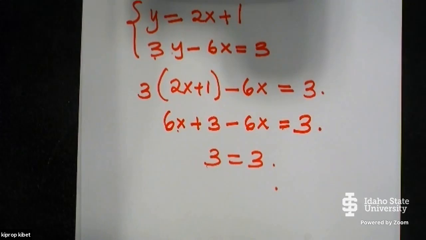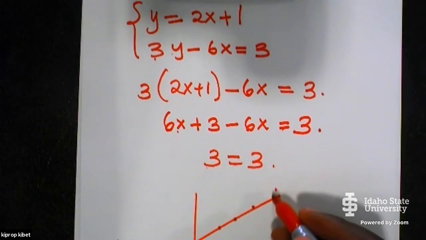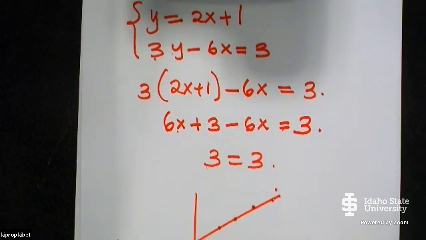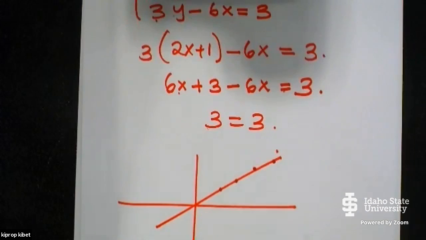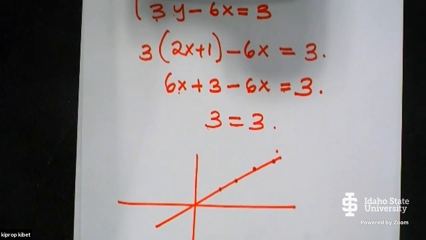If we say they are on the same line, then each point on that line is a solution of the system. So for this case, we have an infinite number of solutions.